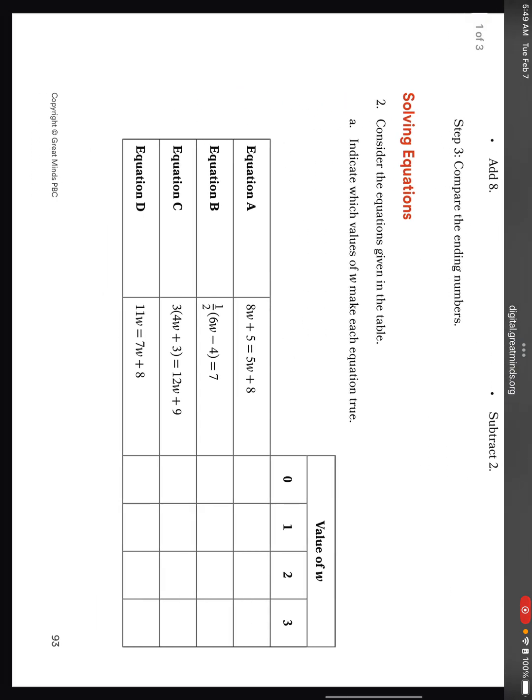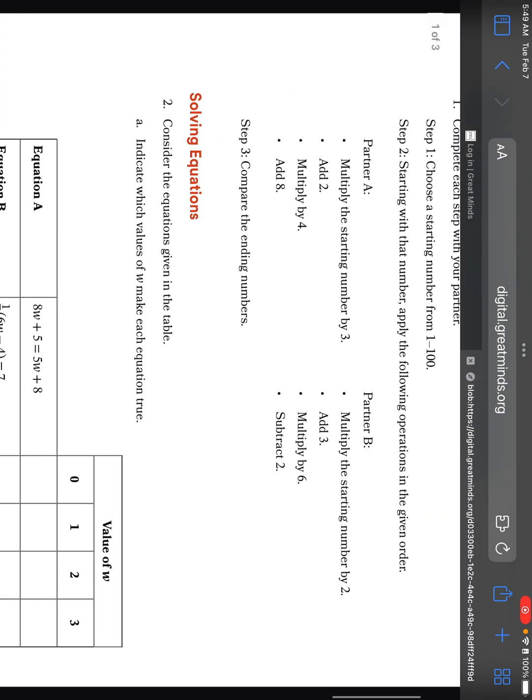All right, so down on the bottom of page 93, we looked at this table, and the table is asking us to consider the equations in the table and indicate which values of W make each equation true.